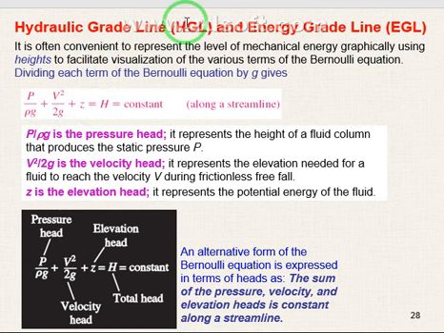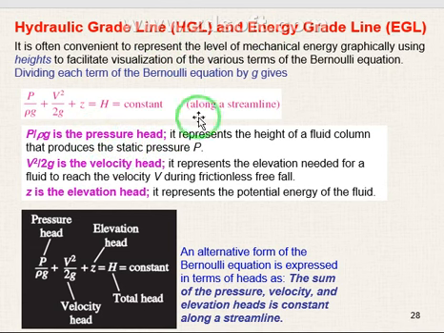The hydraulic grade line includes only two terms, P, the first one, and the last one. The velocity term, the kinetic pressure here, is not included in HGL.